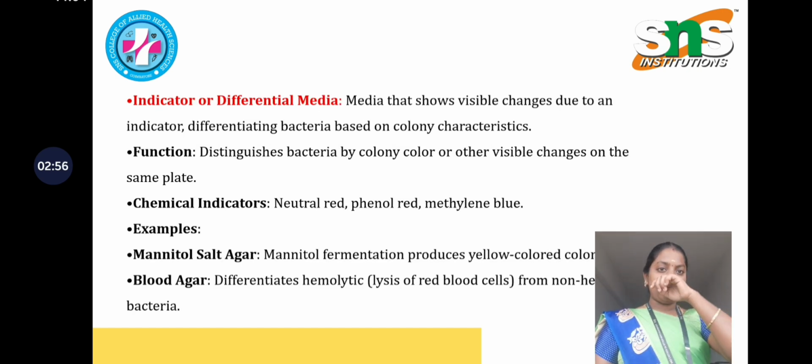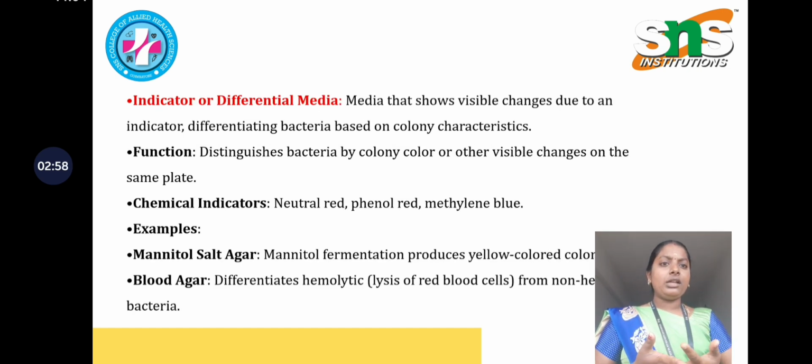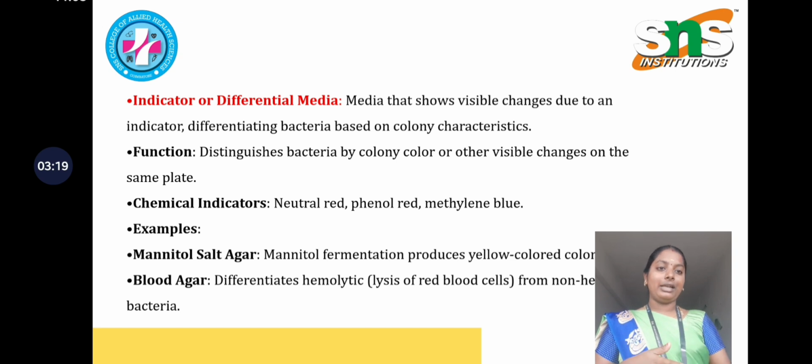And coming to the differential media. Differential media shows visible changes due to an indicator, differentiating the bacteria. Gram positive bacteria and gram negative bacteria, this is mainly the differential media. For gram positive there may be a different media, and for gram negative there may be a different media. Its function is that it distinguishes bacteria by colony color.